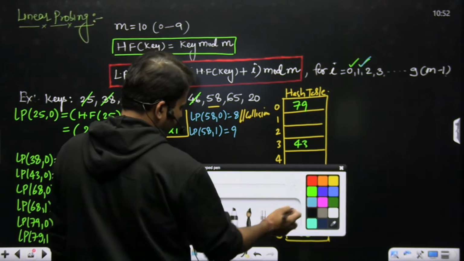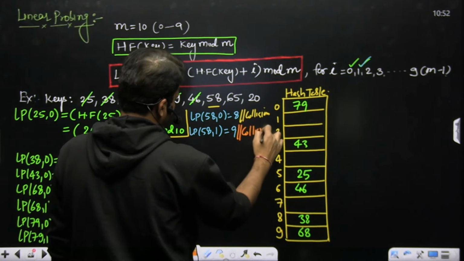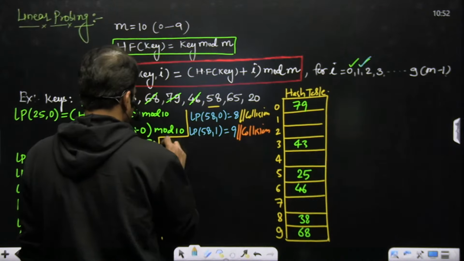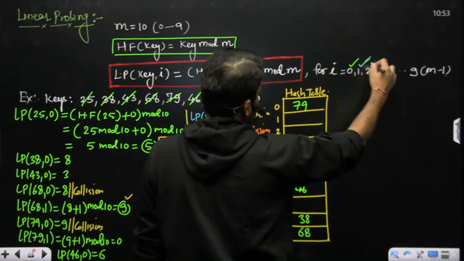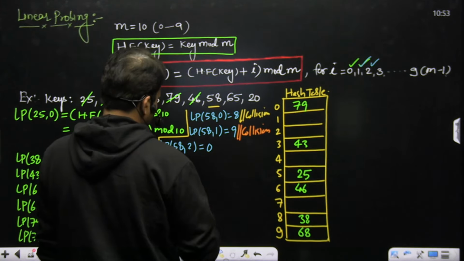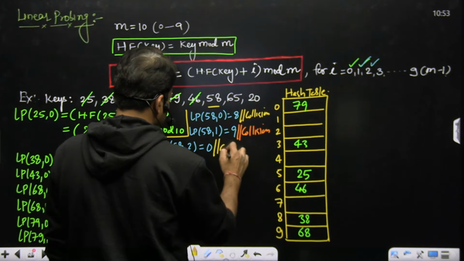So here 9 again collision, student. So linearly choose, sir, I equals to 2. So I equals to 2 will give, sir, what, sir? 0. And 0 पे भी still collision, student. So this is collision.